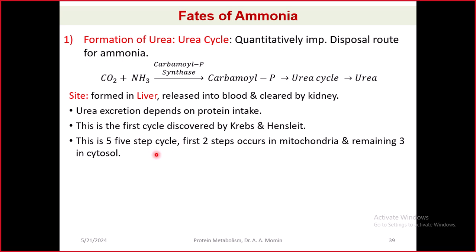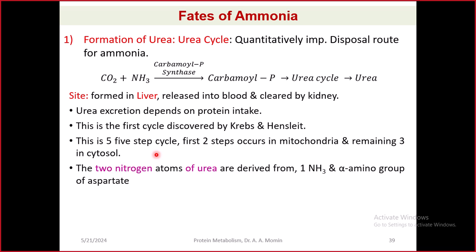This urea cycle is a 5-step reaction cycle. The first 2 steps occur in the mitochondria and the remaining 3 steps in the cytosol of liver cells. The 2 nitrogen atoms of urea are derived from, if you look at the structure of urea, one amino group, the carbon and oxygen, the keto group, and one more amino group.